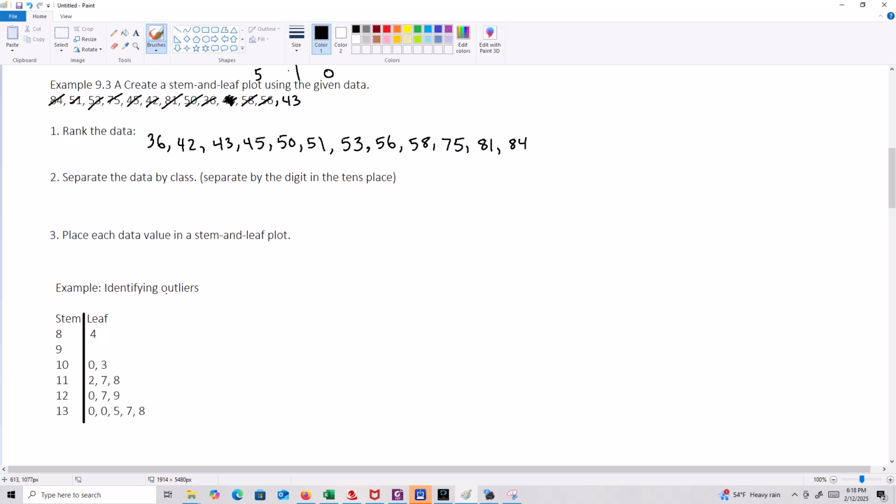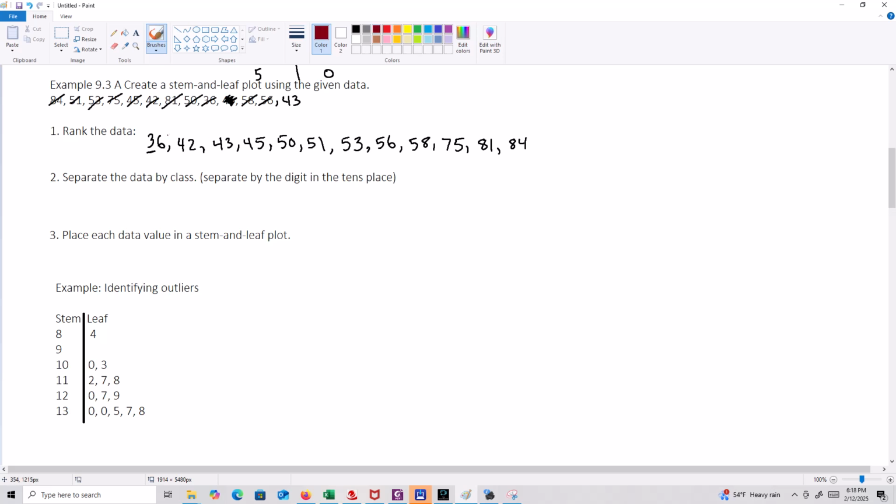All right, so separate the data by class. Now we want to look at that tens digit. We don't need to worry about the fact that there's no 2 or no 1. We only need to worry about a stem representing a gap. So the first tens that we come to is 3.